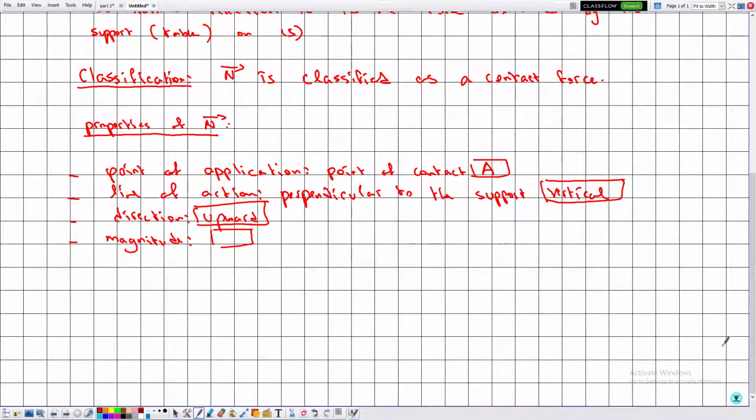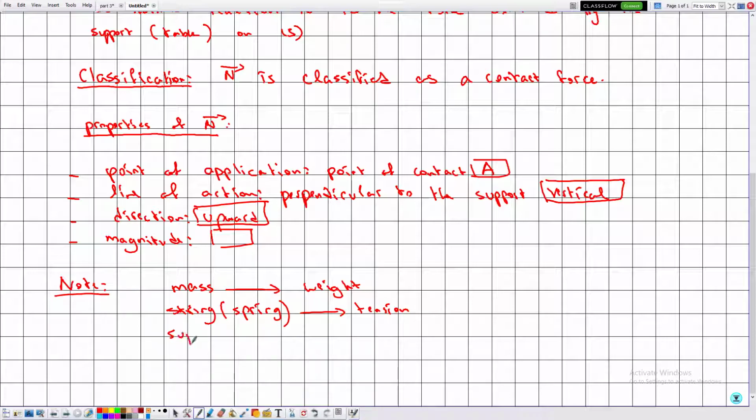Now let's do application number 3. Or first let me consider the following note: whenever we have a mass, we will have a weight. Whenever we have a string or spring, we will have a tension force.